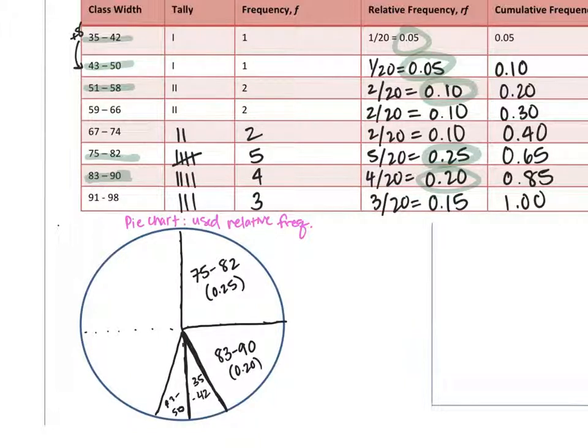I might as well just use this piece right here and split it up into twos to make that 20% into two 10%. So this portion here is going to designate for that 51 to 58 because it's worth 10%. And this portion, maybe I'll designate it for that 59 to 66 because it's also 10%.